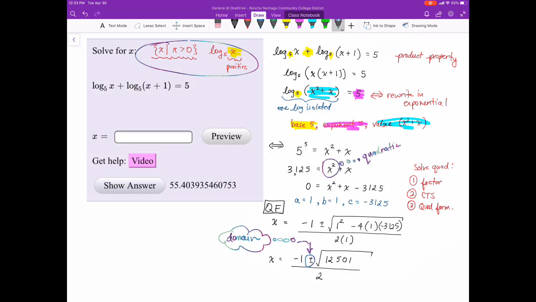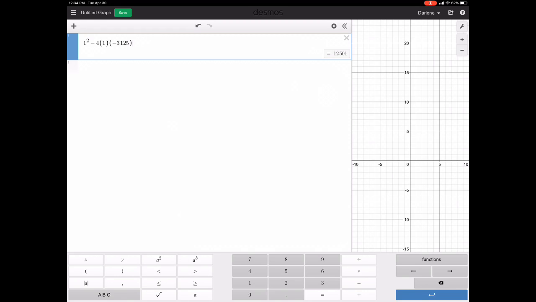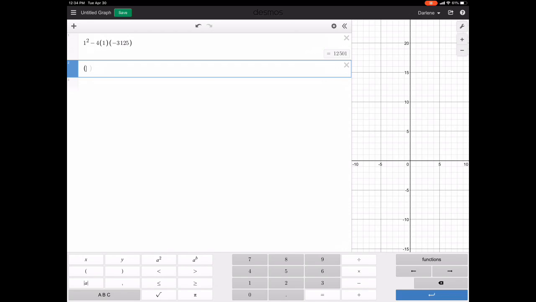So let me put this in my calculator for the plus and then another one for the minus, and then I'll omit the one that's negative, and if they're both positive, then I take both values. So I have negative 1, so put parentheses for my numerator, negative 1 plus the square root of 12,501, divided by 2, and notice that gives me a positive value.